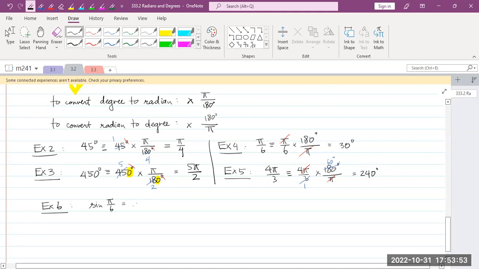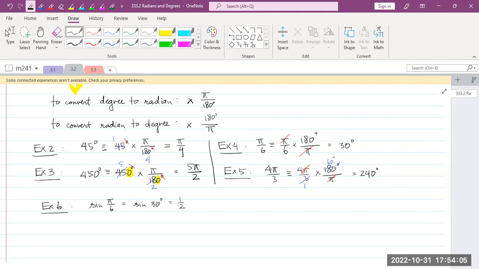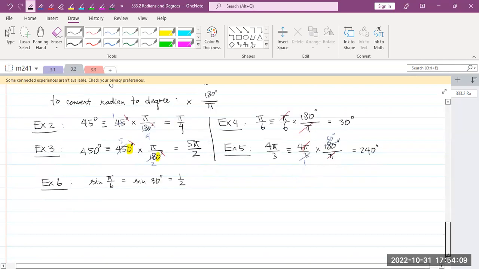So pi over 6 is 30 degrees, and sine 30 degrees is 1/2. In some sense, you convert that to degrees first, but I want you to train yourself not to do so.